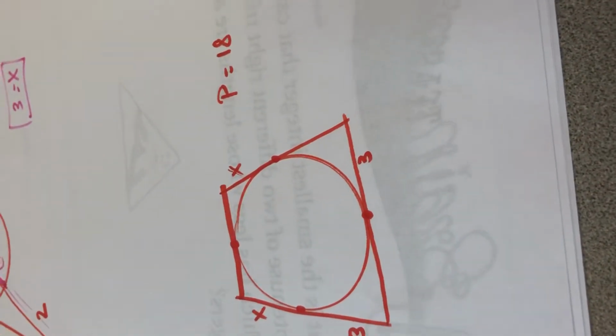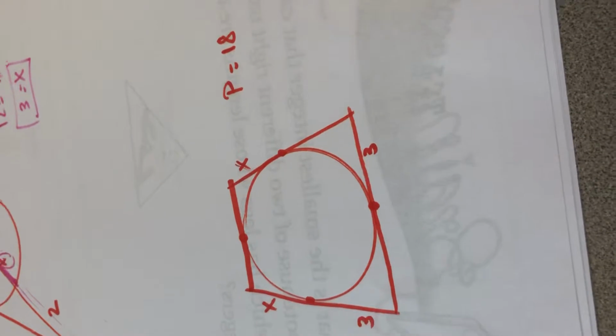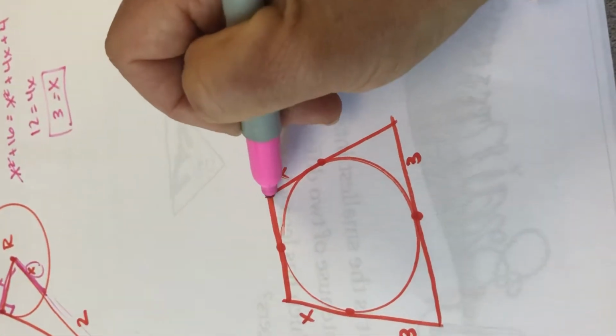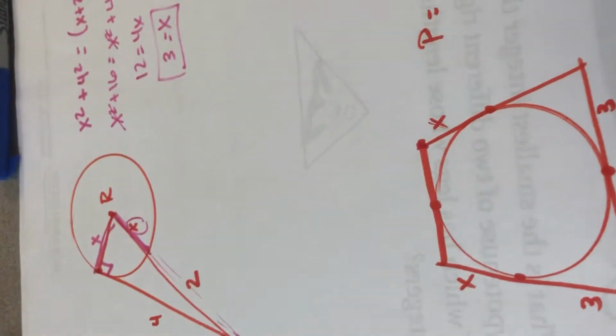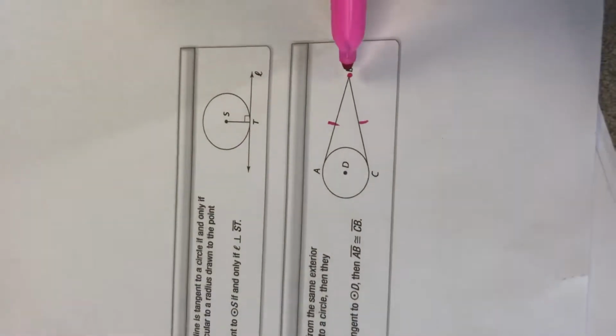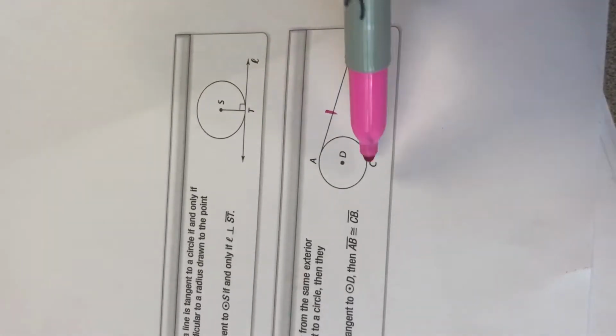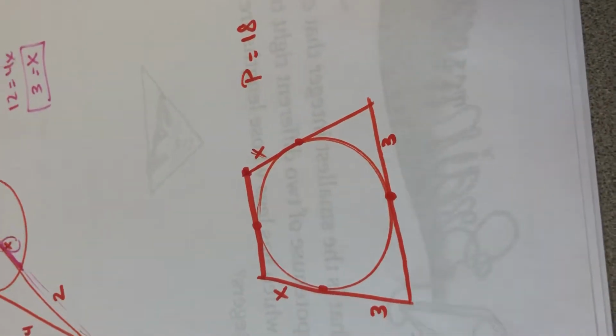And then there's another thing that you talked about in this section. Let me show you real quick, sorry. With this theorem 10.11, from any point outside a circle, the tangent segments to the circle are congruent. Right now we have a circumscribed polygon with perimeter of 18.